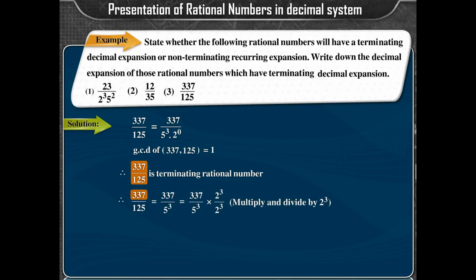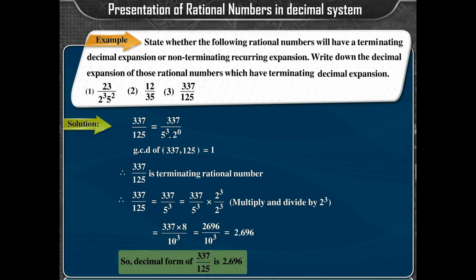Therefore, 337 upon 125 is equal to 337 upon 5 cube, which is equal to 337 upon 5 cube into 2 cube upon 2 cube, which is equal to 337 into 8 upon 10 cube, which is equal to 2696 upon 10 cube, which is equal to 2.696.